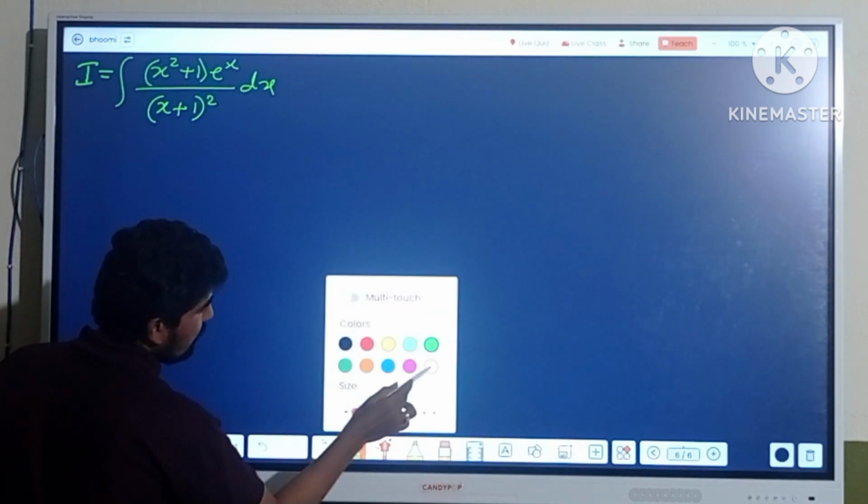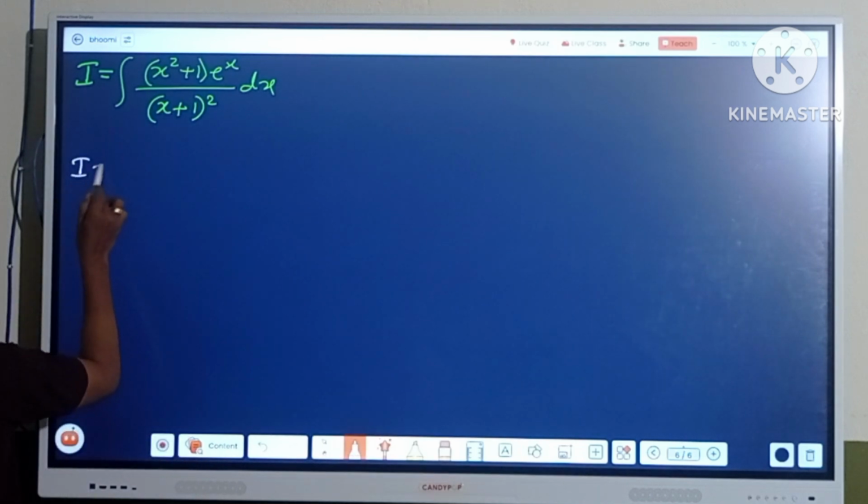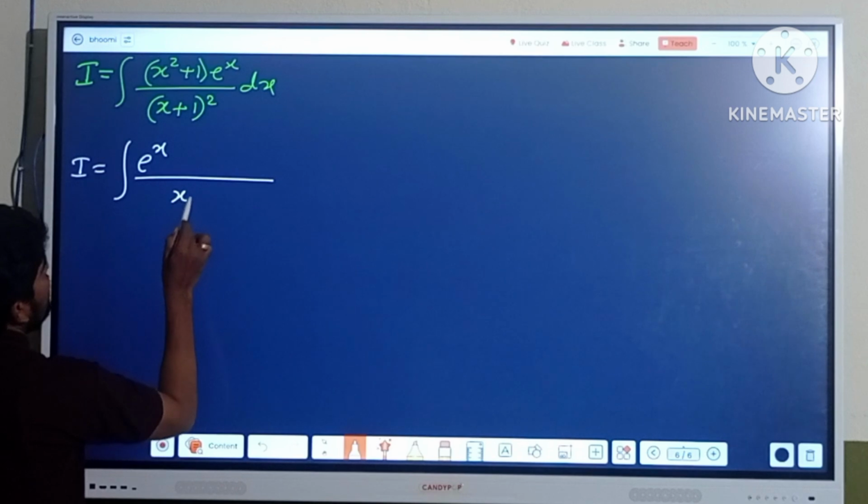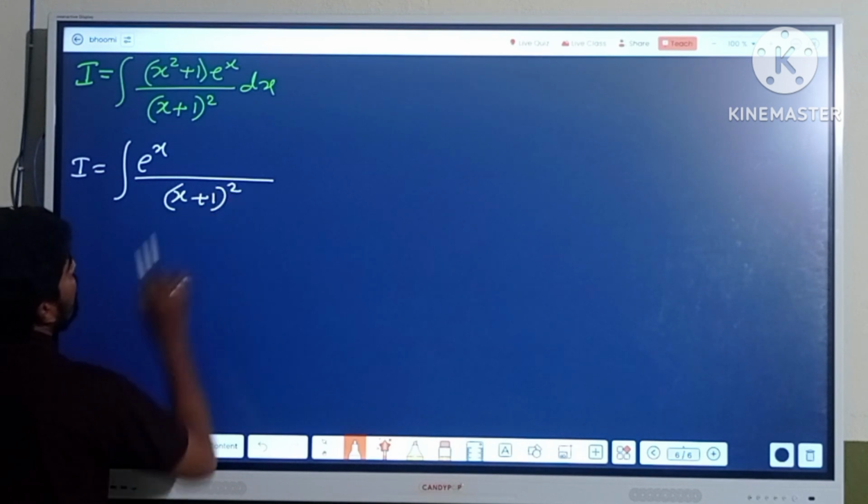Now see here, I is equal to the integration of e power x divided by what? (x plus 1) whole square.